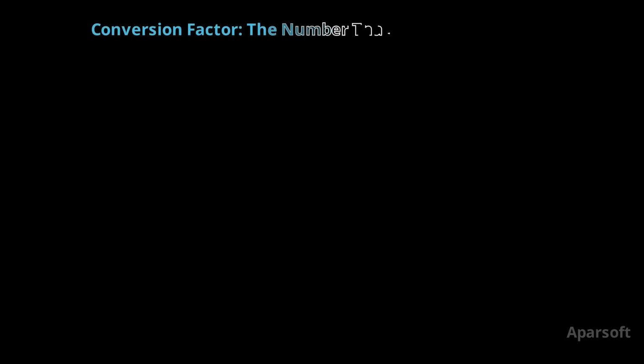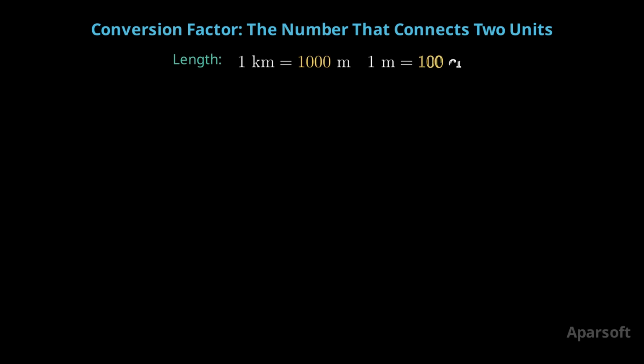The secret to every conversion is something called a conversion factor, the number that connects two units. Here are the most important ones for length. 1 kilometer equals 1000 meters, and 1 meter equals 100 centimeters. For mass, 1 kilogram equals 1000 grams.